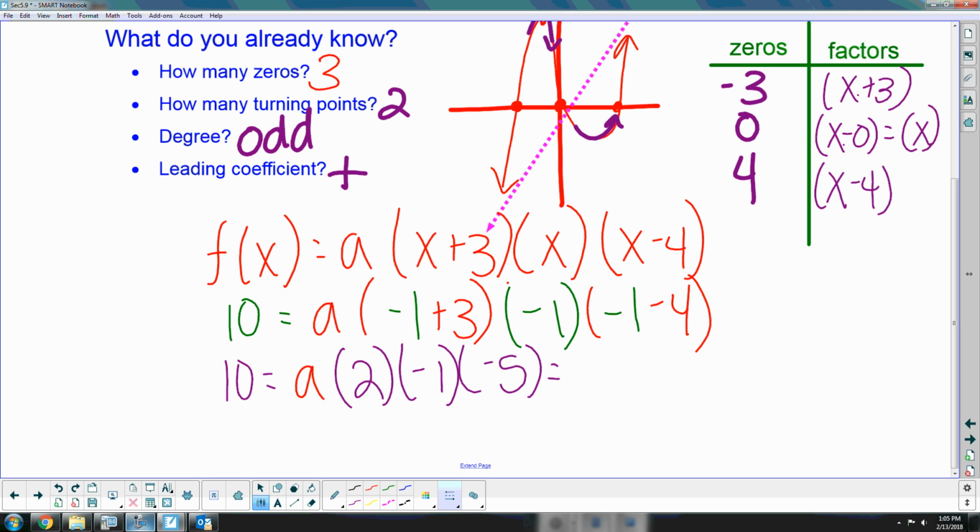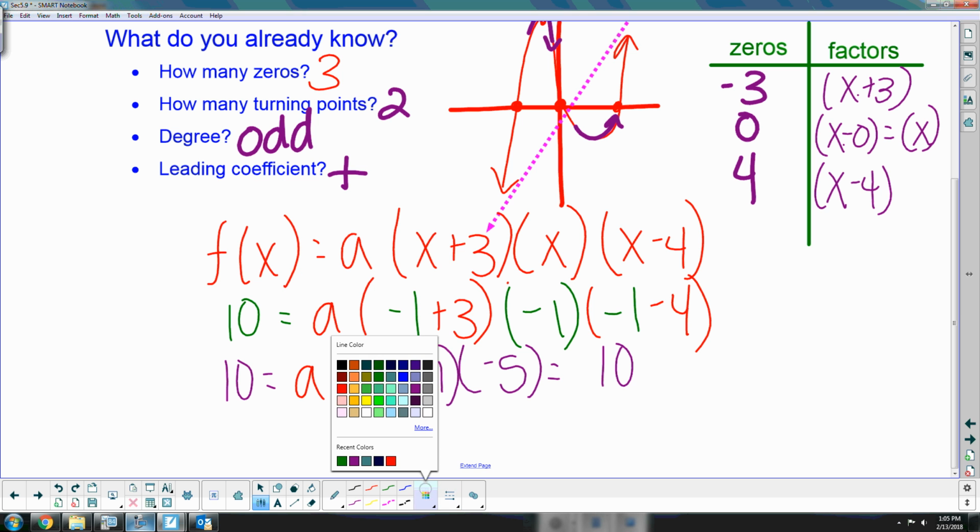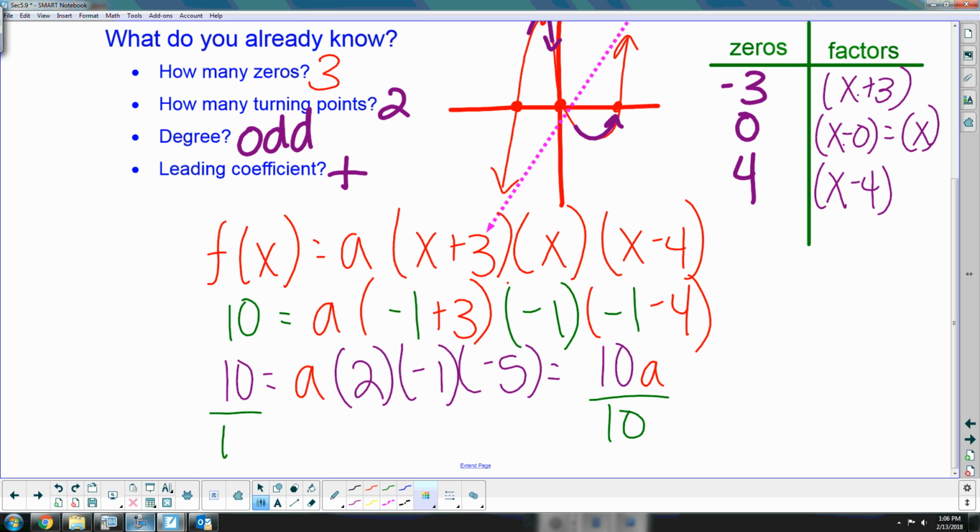So that is 10a. And then in order to solve for a, we'll divide both sides by 10. And we get a equals 1.